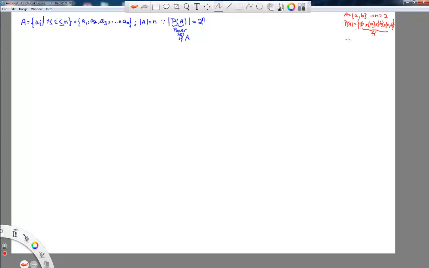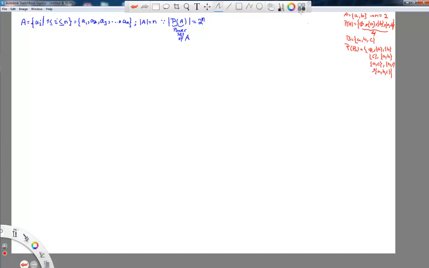Okay, let's take a look at another one. Let's say that B is the set of 3 elements, a, b, and c. Then its power set will have the empty set, then each of the elements as one set, then each pair of elements, ab, ac, and bc, and of course the whole thing.